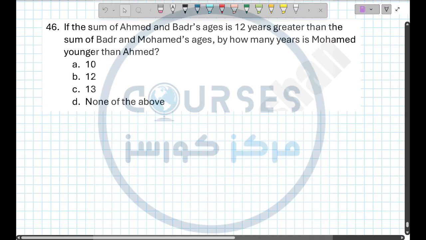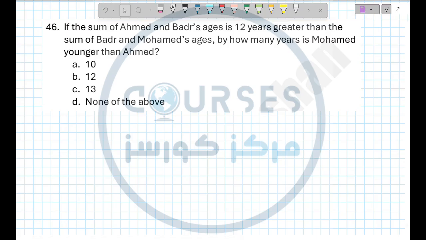If the sum of Ahmad's and Badr's age is 12 years greater than the sum of Badr's and Muhammad's age. So Ahmad plus Badr equals 12 plus the sum of Badr and Muhammad.